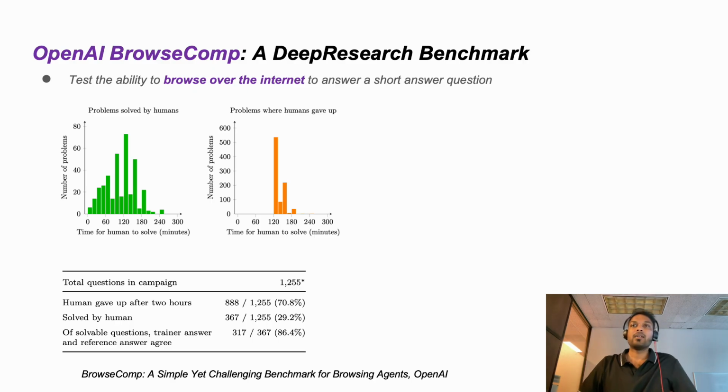It requires a lot of going around to different web pages, traversing the web, and then finally coming to an answer. So this benchmark ends up testing not just recall, but persistence, search reformulation, and the ability to connect clues across different sources, which is what we saw for a typical deep research benchmark.